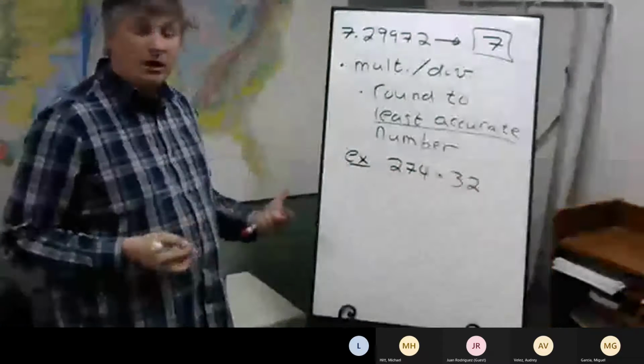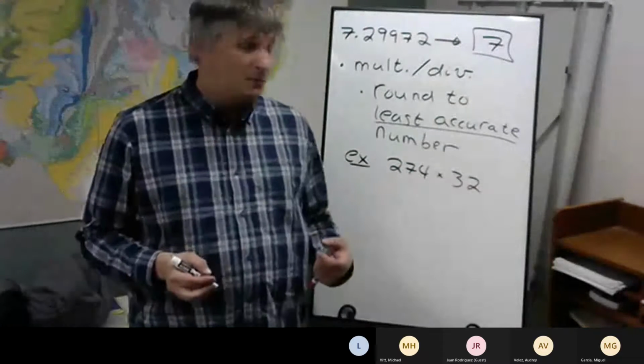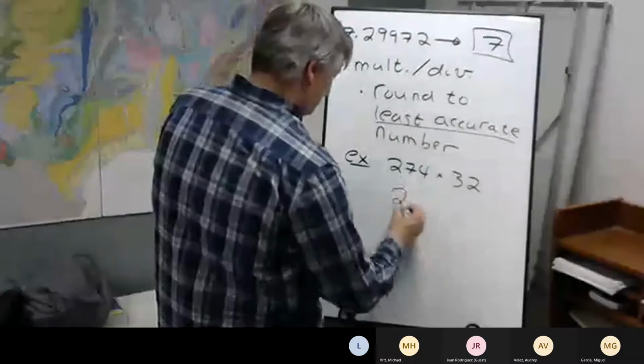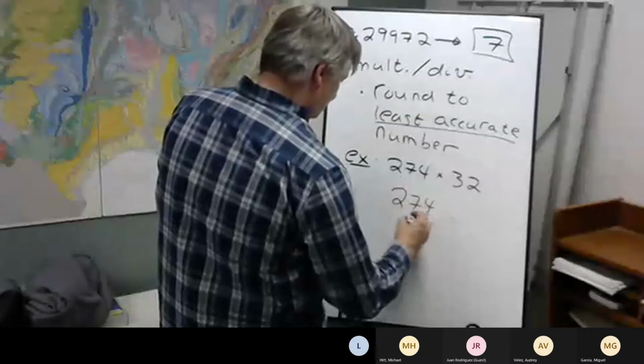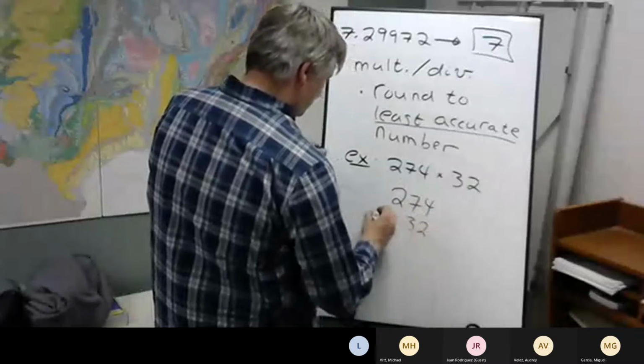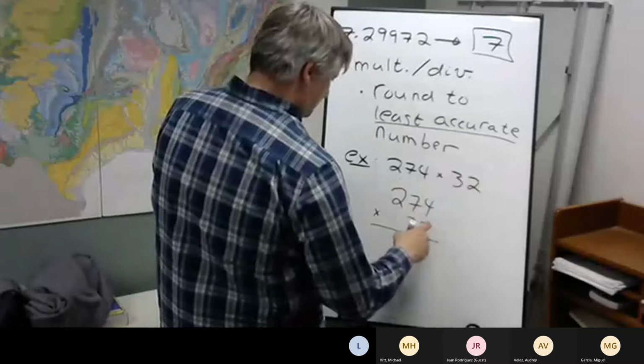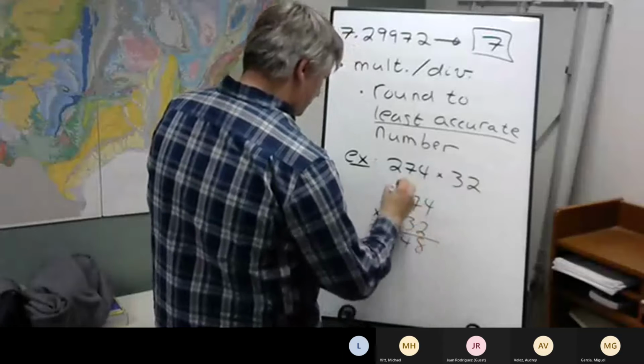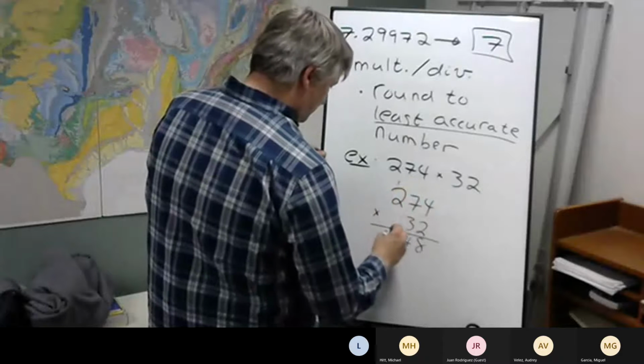So let's say we have 274 times 32. So again, we do multiplication as before. So 2 times 4 is 8, 14, 4 plus 1 is 5.